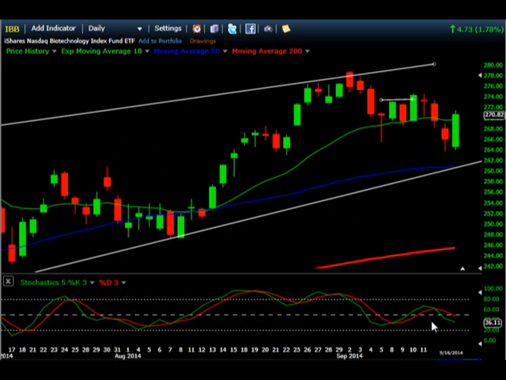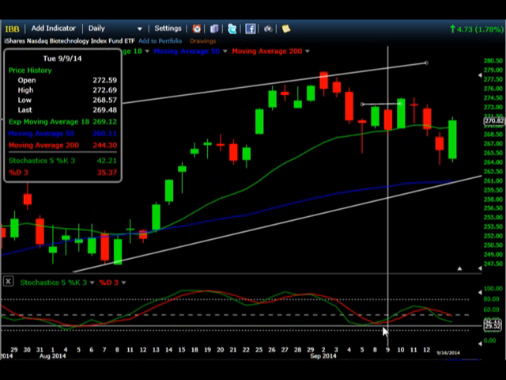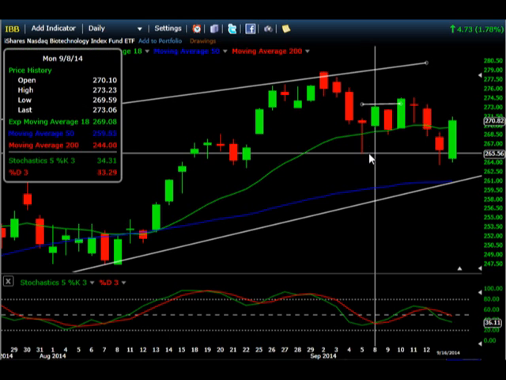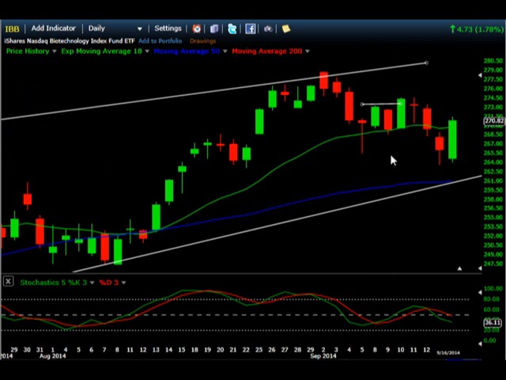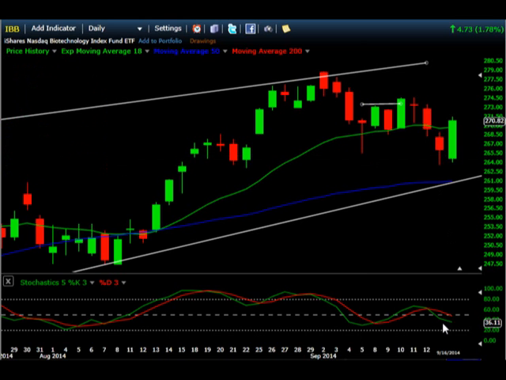Last crossover was right over here on this guy, where you see this line that I had got triggered in and just kind of fighting it over here. Any close below this would be our exit point, which it hasn't given us yet. So if you're not in it, let's just watch this.